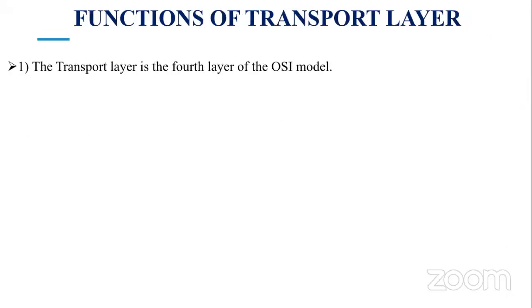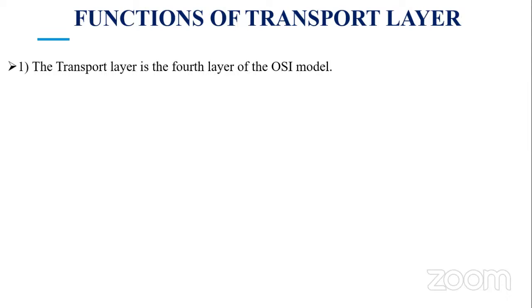The next one is the transport layer, the fourth layer of the OSI model. We are coming from the bottom. First we discussed the physical layer, data link layer, network layer, then the transport layer. What are the functions of the transport layer?